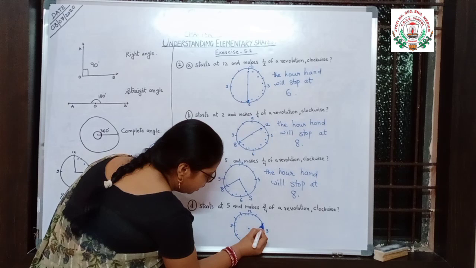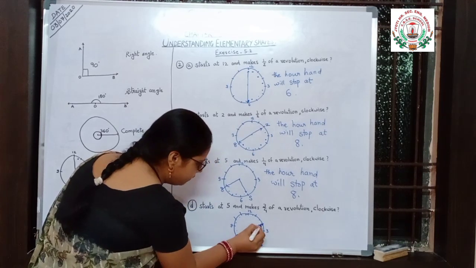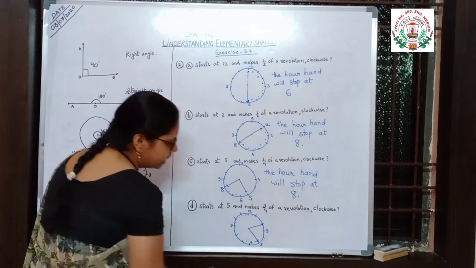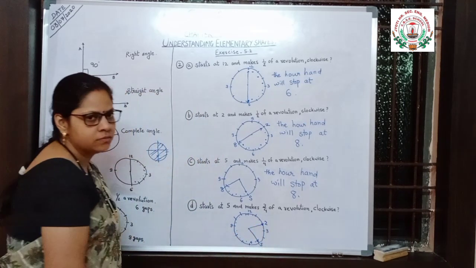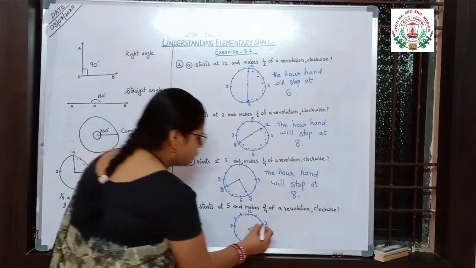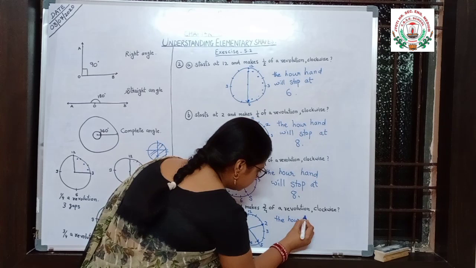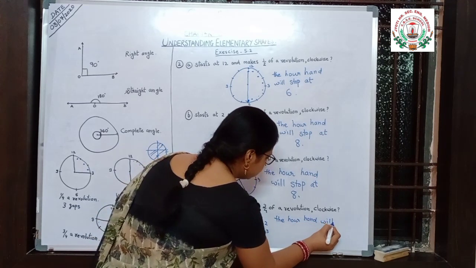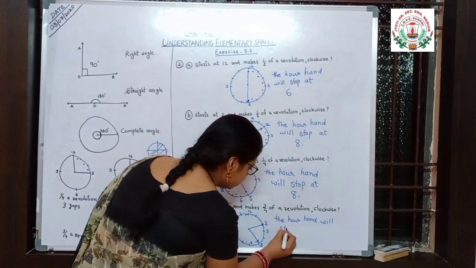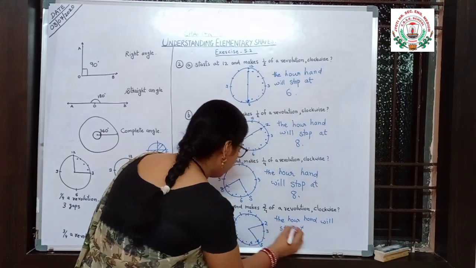So stopping here. Starting at 5 and stopping here. Which number is that? Before 3, it is 2. So the hour hand will stop at 2.